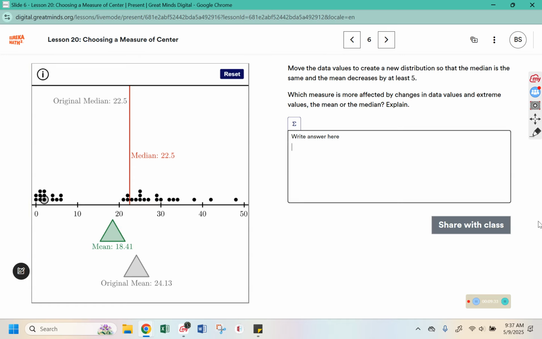Which measure is more affected by changes in data values and extreme values, the mean or the median? Explain.